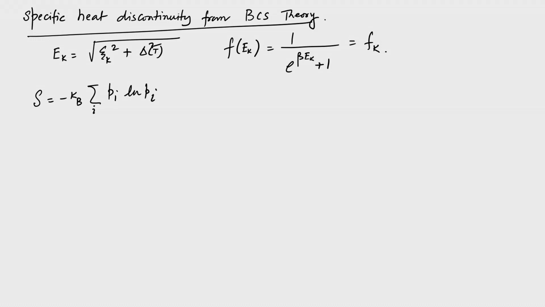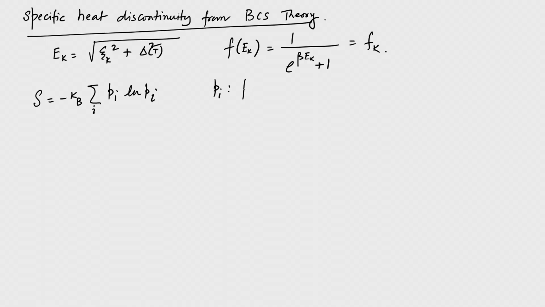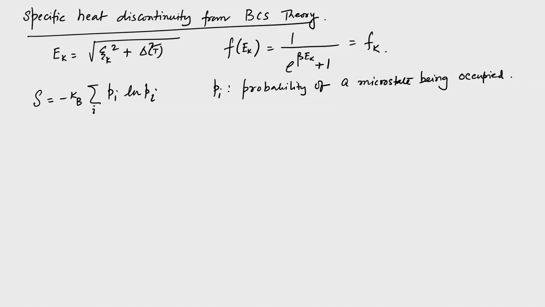This formula you will see in your first course of thermodynamics, where p_i is the probability of a microstate being occupied. Okay. So, in this particular case, we are talking about the electronic contribution.